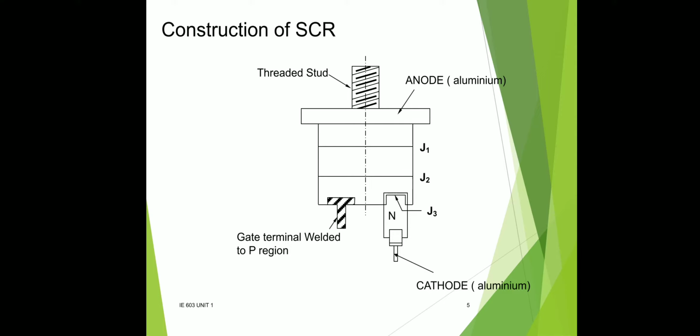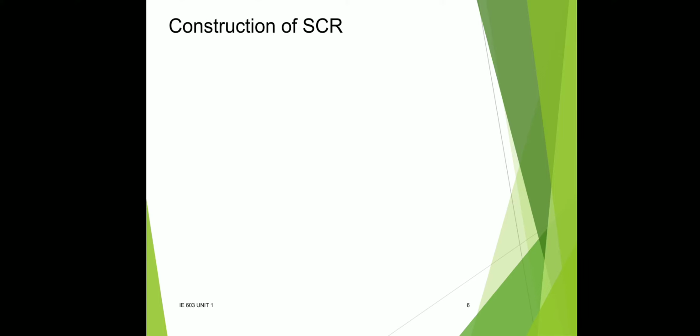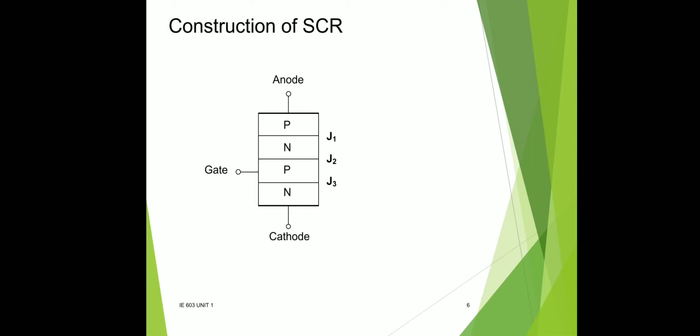It has 3 terminals and 4 layers. The 4 layers are P, N, P, N, and it has 3 junctions J1, J2, and J3. Okay, construction of SCR. It has 4 semiconducting layers, 3 terminals, and 3 junctions, and the symbol of this SCR is like this: anode, and near the cathode there is an additional terminal.